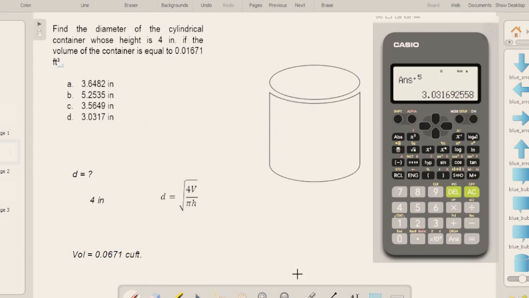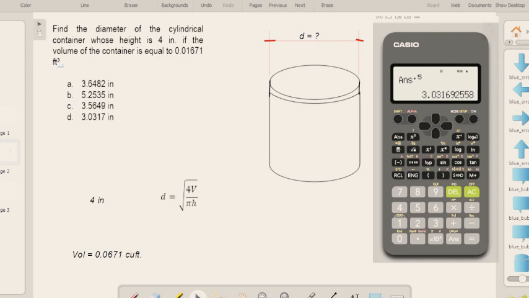Okay, so this is our container. This is the cylindrical container, and we are going to find the diameter of this container. So let's label it as D. Let's draw the diameter of this container, and we denote this as D, and this is the unknown.